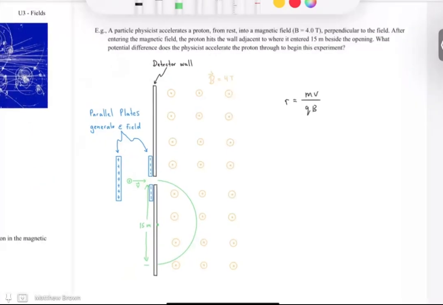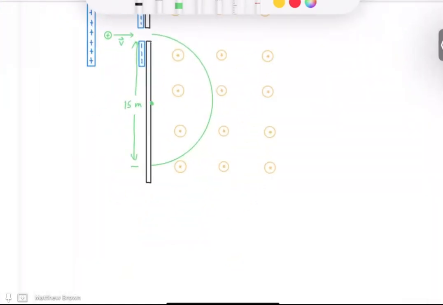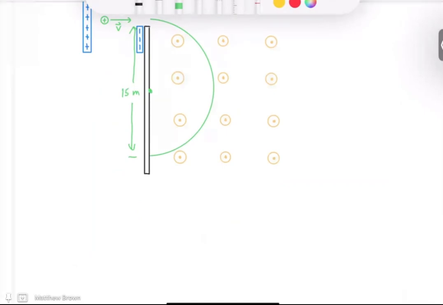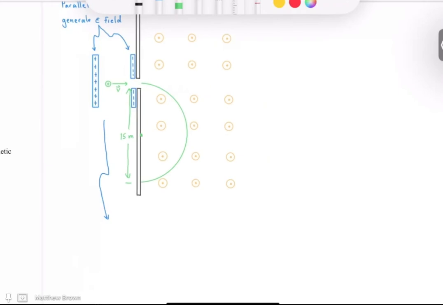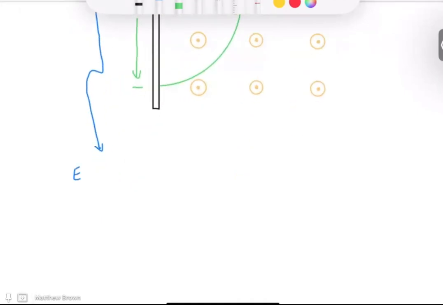Like the question asked for the electric field, right? I got some sort of E field here. And what do I know about this? Well, I've got some energy. It's going to accelerate it to a certain velocity, right? And so whatever the energy is in that E field, that's all going to be converted to kinetic energy.